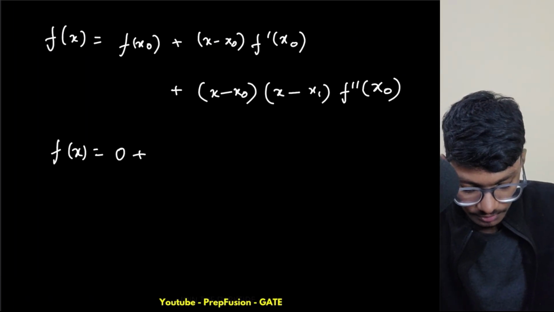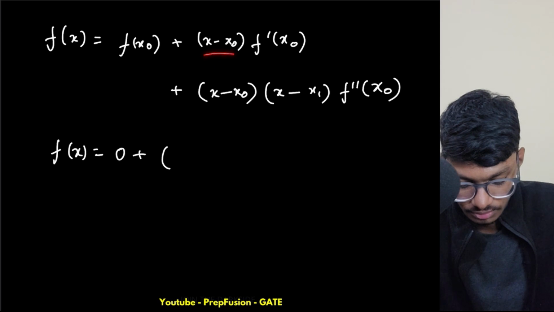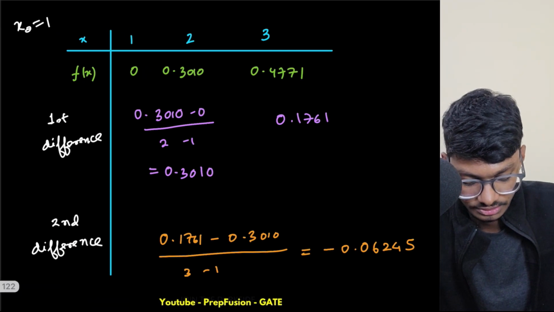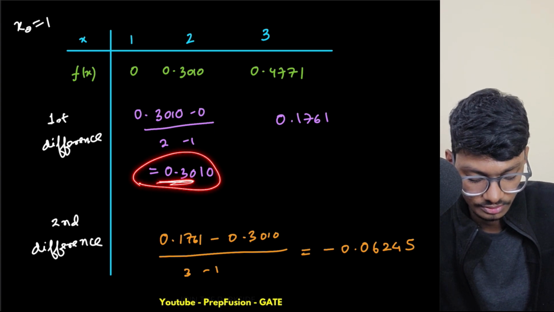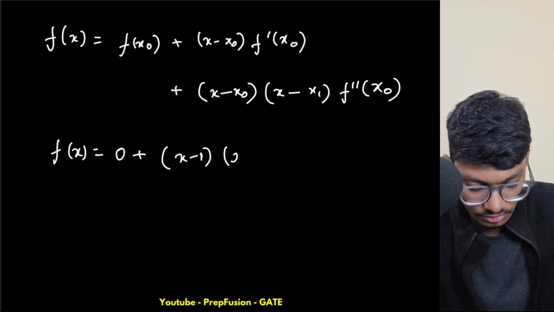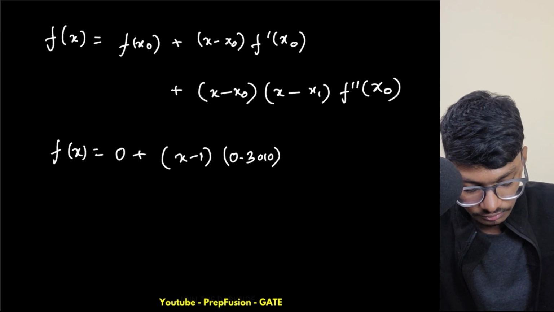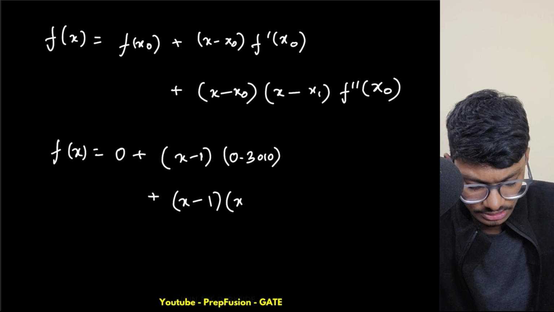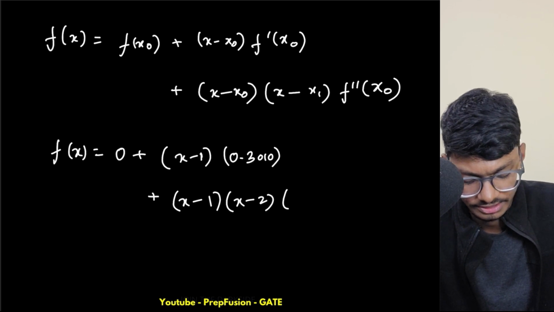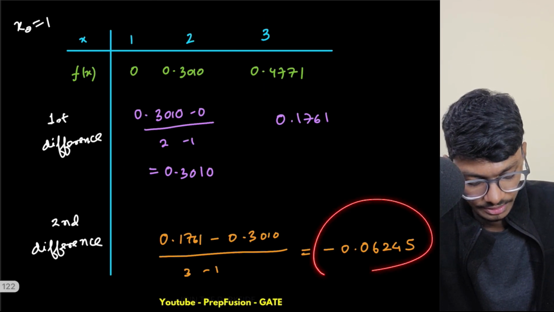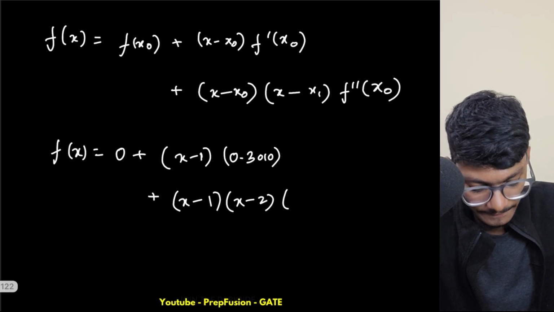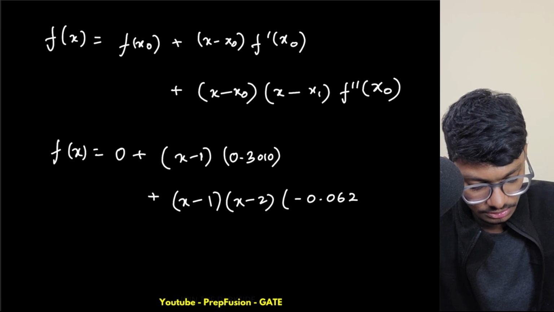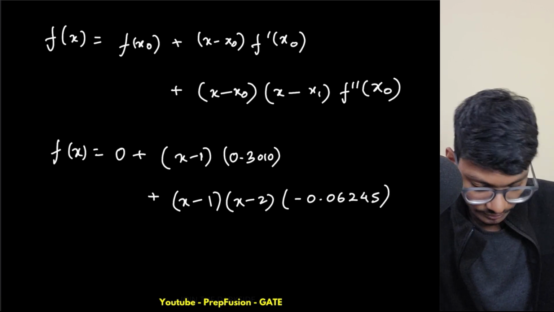So it is 0 plus x minus x naught, so x minus 1 into f dash of x naught, which is the first difference at x equals 1, which is 0.3010, plus x minus 1 into x minus 2 into f double dash of x naught, which is minus 0.06245.